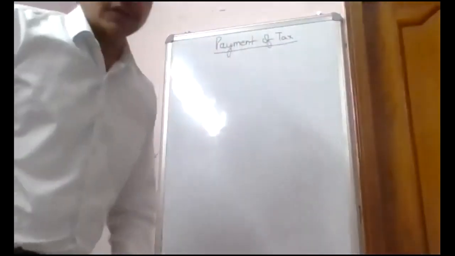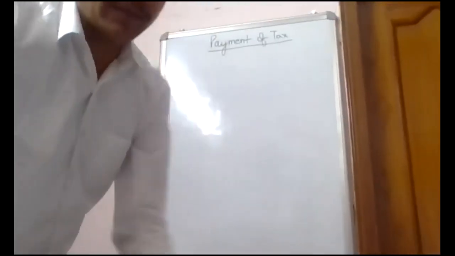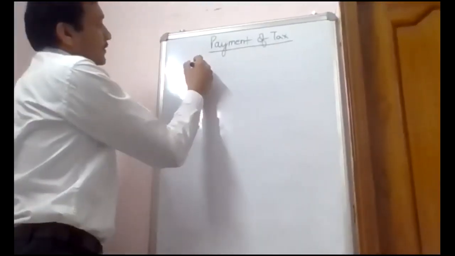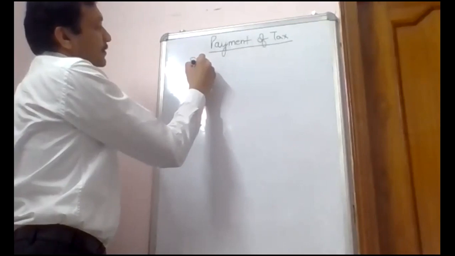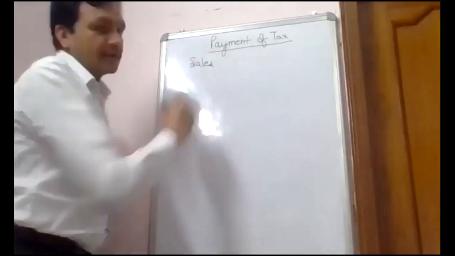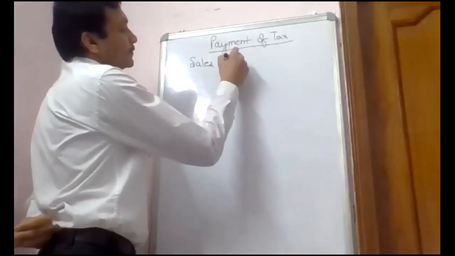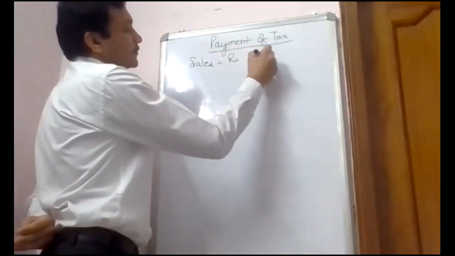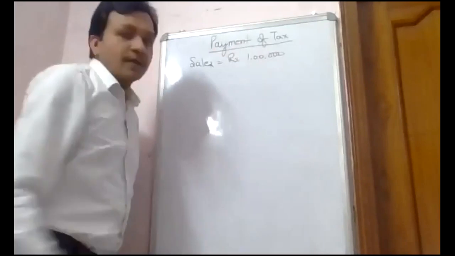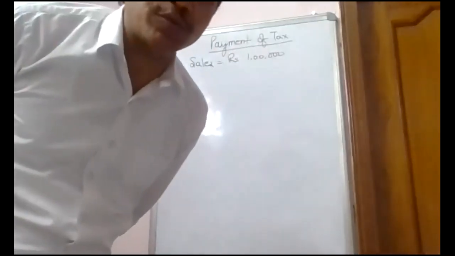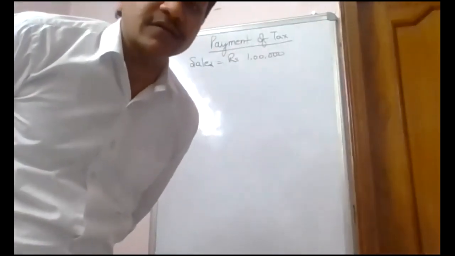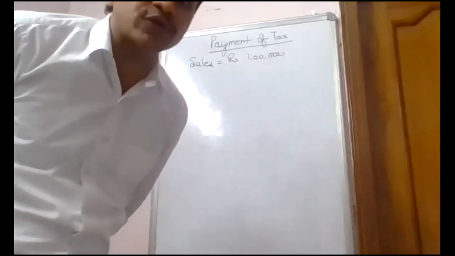So what I wanted to show you in this payment of tax. I hope this board is visible. See this point. My sales are rupees 1 lakh. Assuming the GST rate to be 18%, how much tax am I supposed to pay to the government?